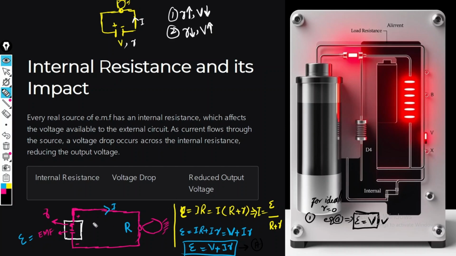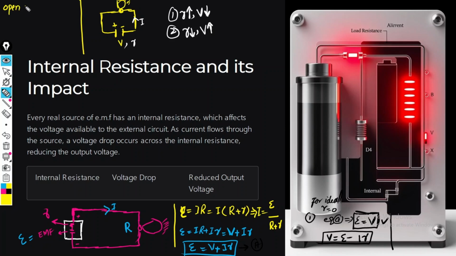And how to find the voltage here in this resistor? Here the voltage in this case will be equal to this electromotive force minus IR. So this is the voltage through this resistor for the open circuit.